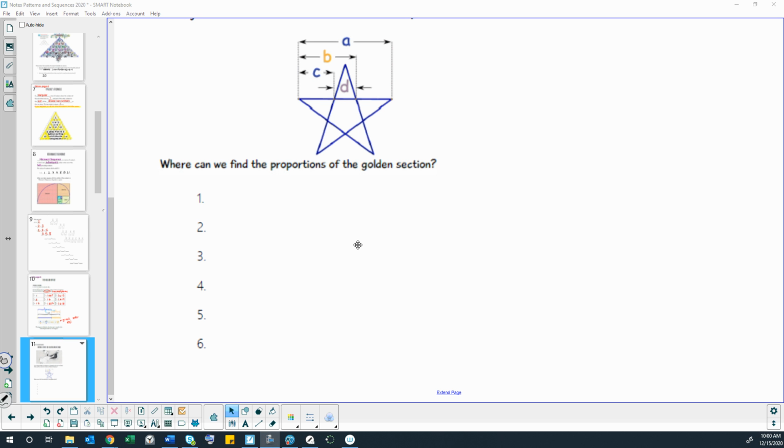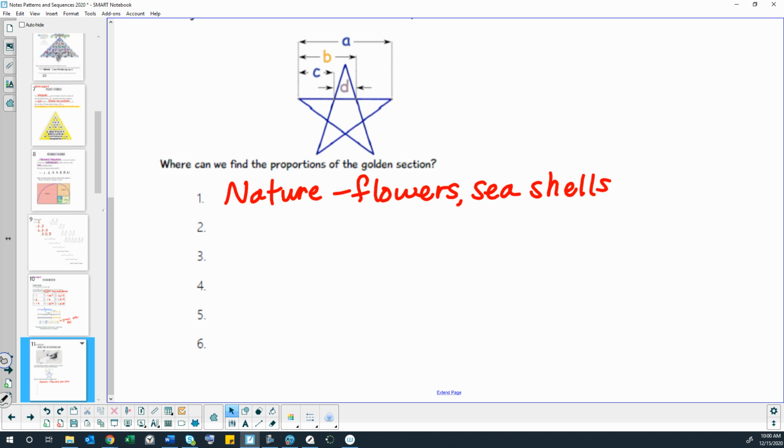So nature, like flowers, seashells. Okay, what other things did the video mention as places where we would find the golden ratio?